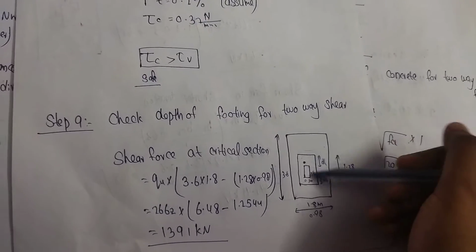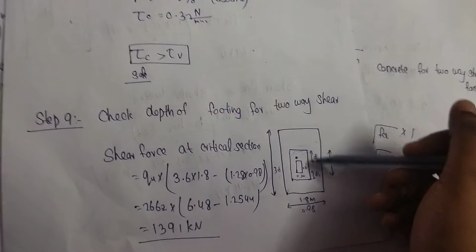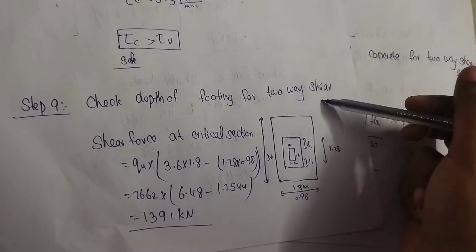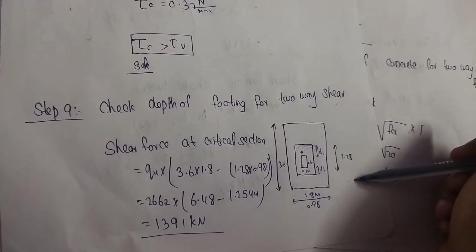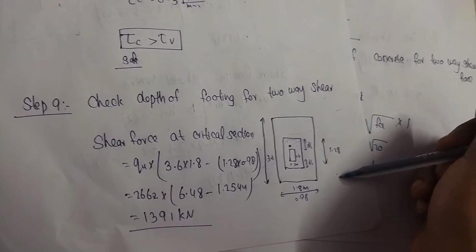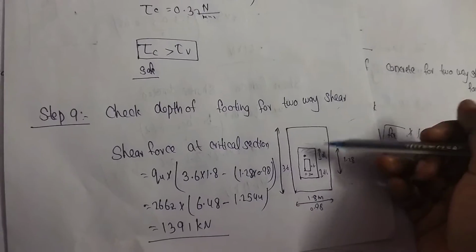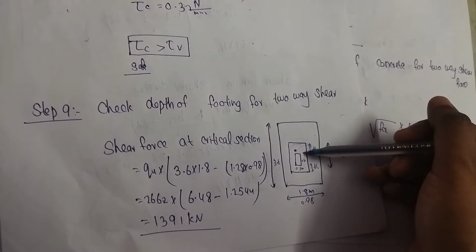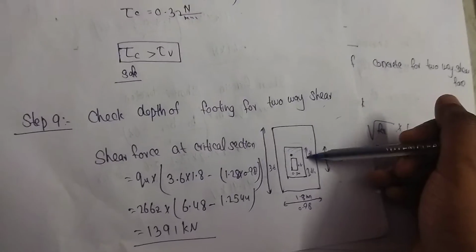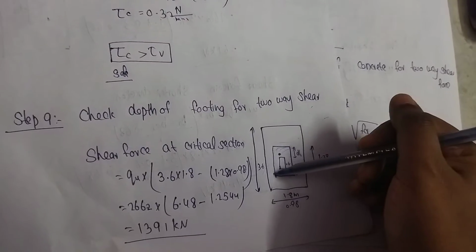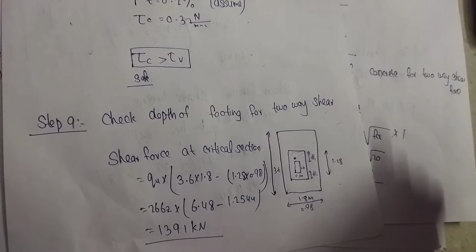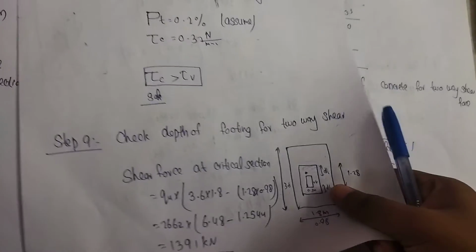For two-way shear, we assume the total length on this side is 3.6 and d is 680 mm. Then calculate d by 2 and add it to 0.6, and 0.3 plus d by 2, which gives 1.28 and 0.98. So calculate this one.